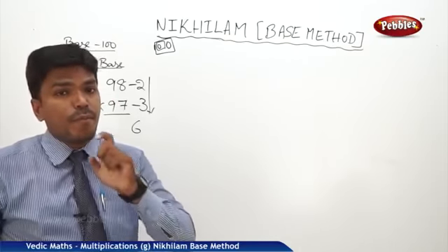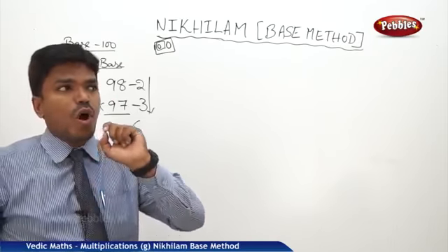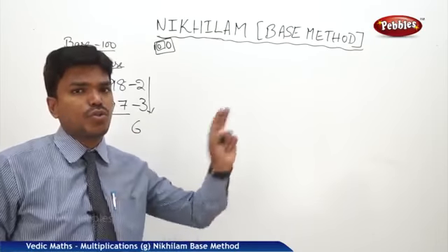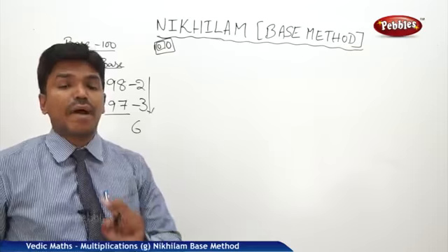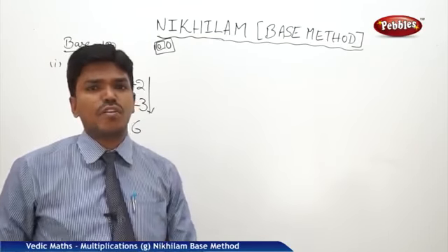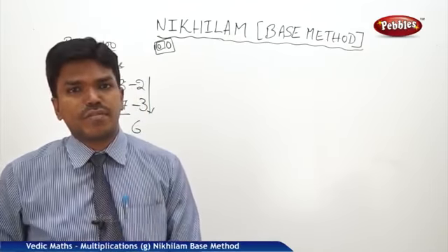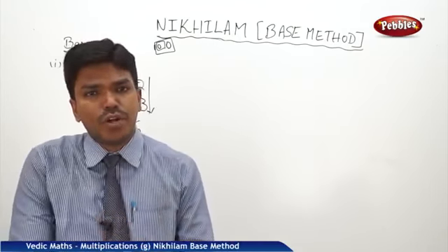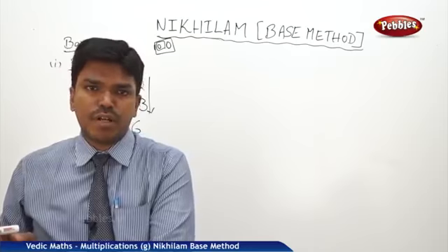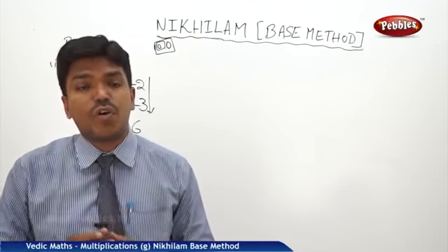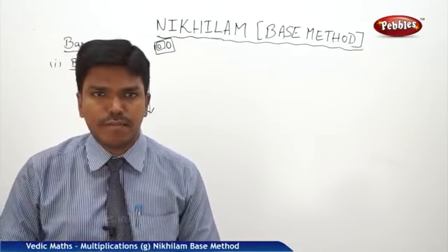That means you tell me how many digits should be there in my right side part of the answer if there are 2 zeros. Exactly. My right side part of the answer should consist of 2 digits. It should not be more than 2 digits. It should not be less than 2 digits. If it is more than 2 digits, we are going to carry the extra digits to the next part of the answer. If it is less than 2 digits, we are going to place a 0 before the number.